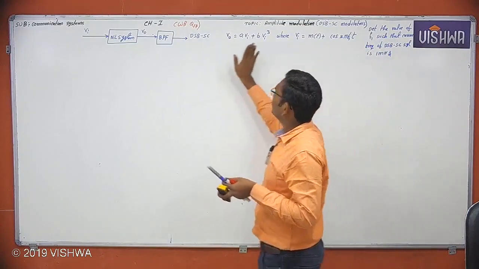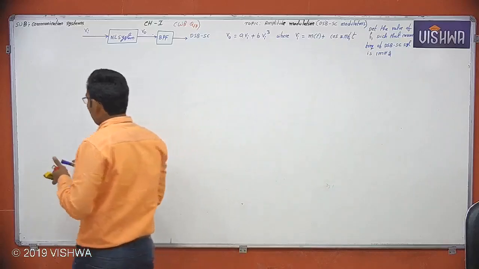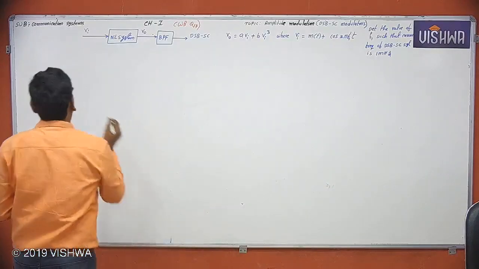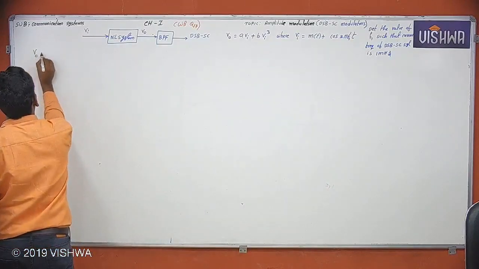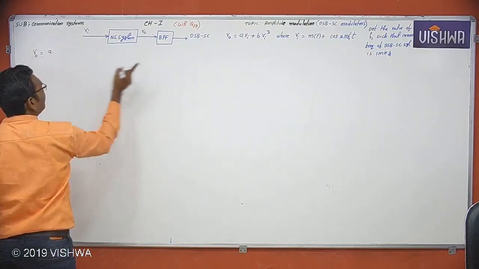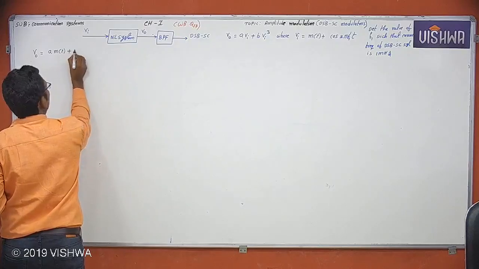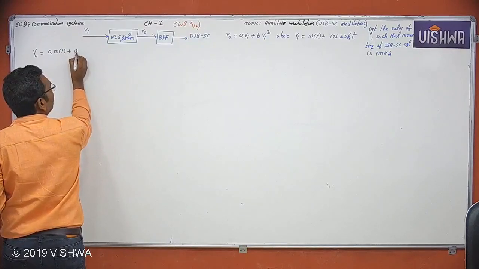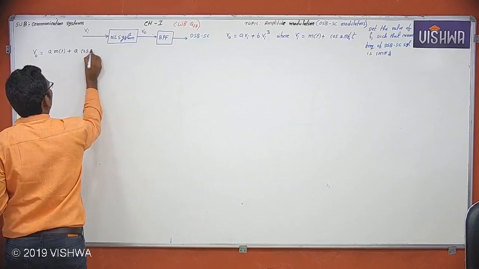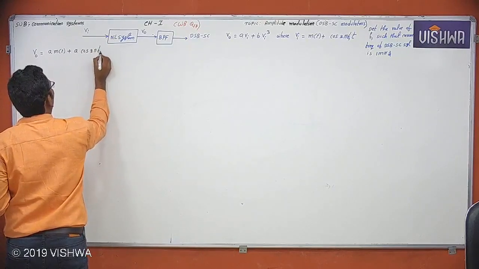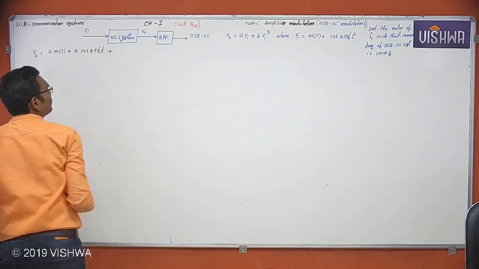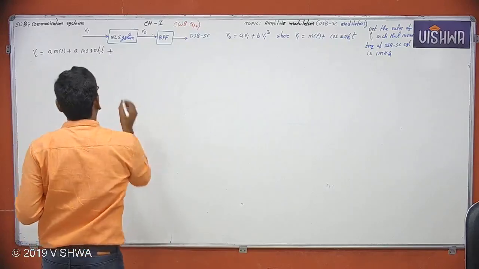Vi is given, V naught is given, everything is given. So now we'll find V naught. V naught is equal to A into Vi. What is Vi? A into m of t plus A into cos 2 pi f1 t, plus B into Vi cube.